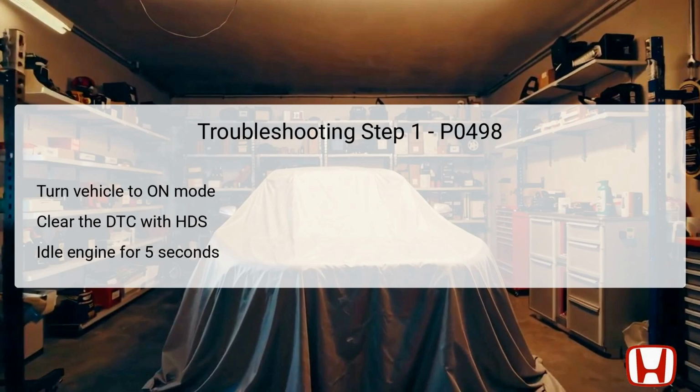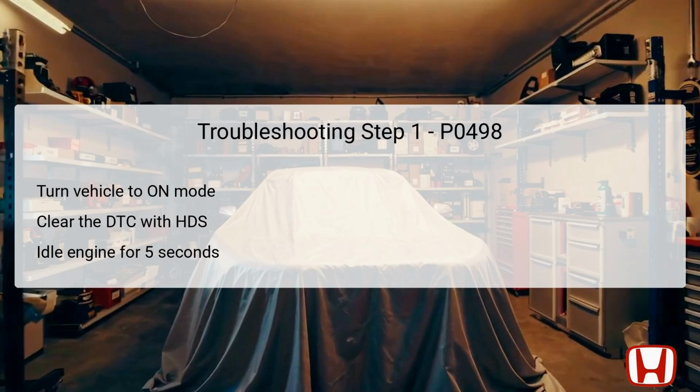The first step in troubleshooting DTC P0498 involves following a systematic approach to identify the issue accurately. Begin by turning the vehicle to the on mode without starting the engine. This is critical as it powers the vehicle's systems and allows the Honda Diagnostic System, HDS, to communicate with the onboard computers.